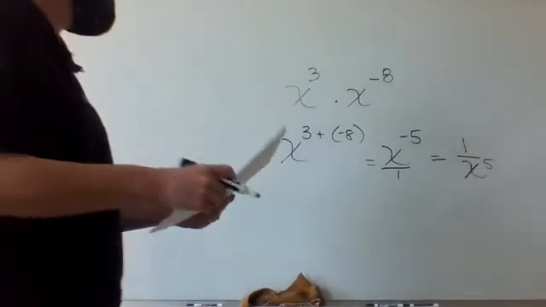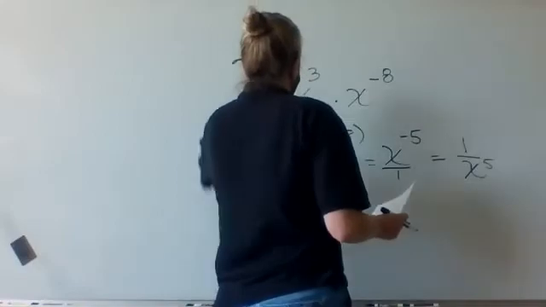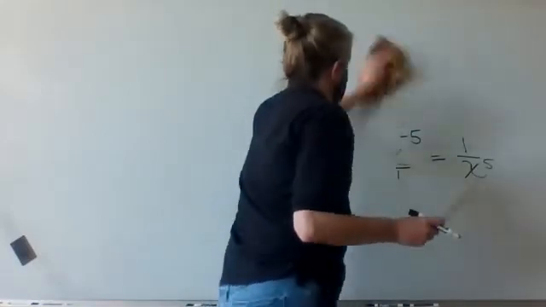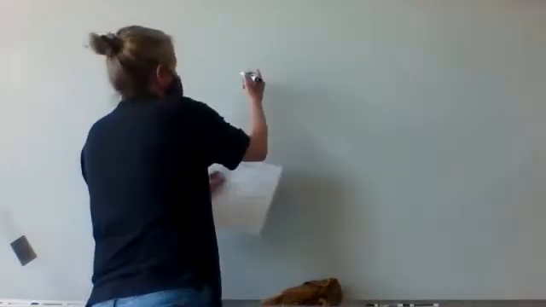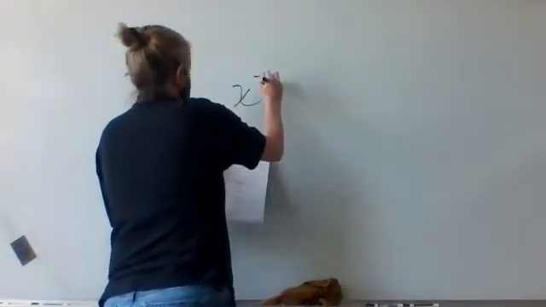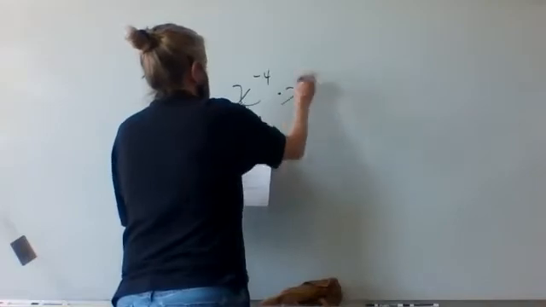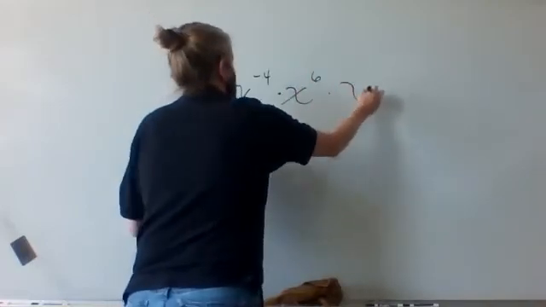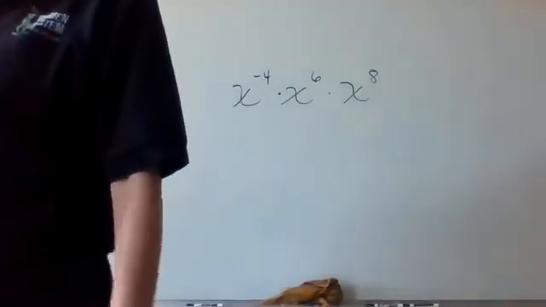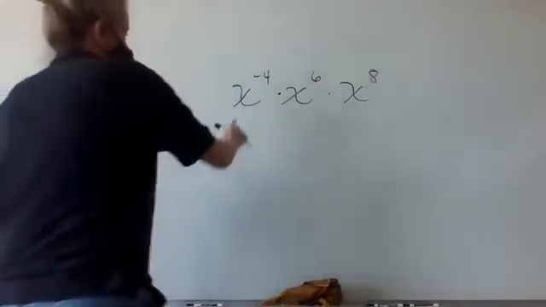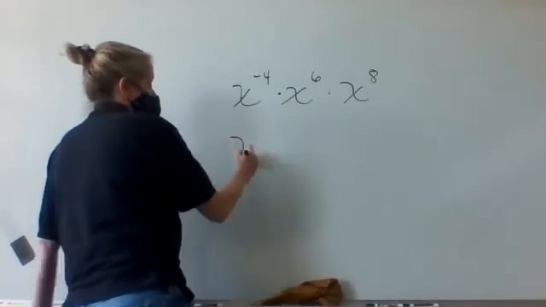Number 2. Same thing. I've got x to the -4 times x to the 6 times x to the 8th. These are all the same bases, which just means I can add those exponents.